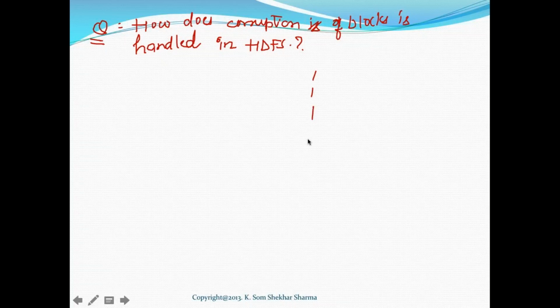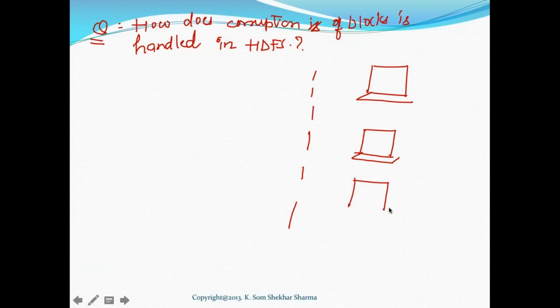For example, you have this scenario where you have the name node and three data nodes: data node 0, data node 1, data node 2. And you have this information.